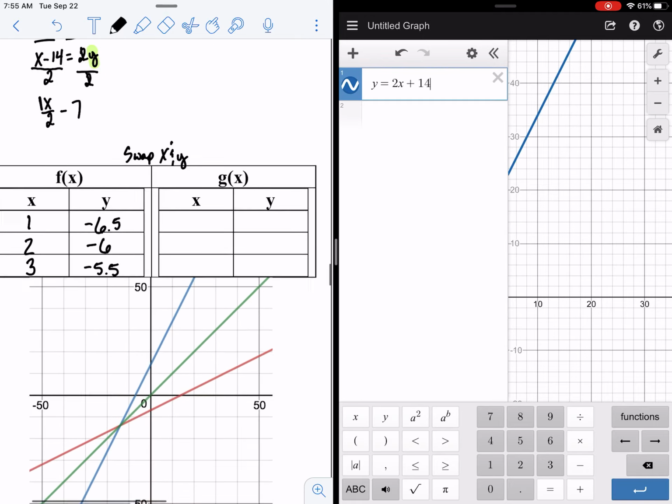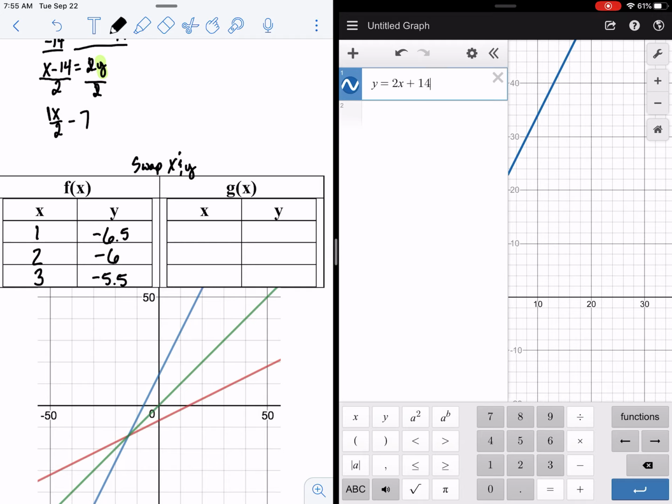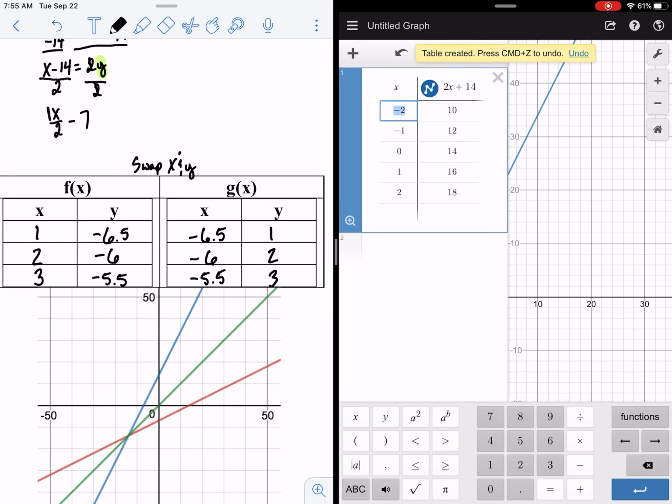Okay, so I should see the points negative 6.5, 1, negative 6, 2, negative 5.5, 3. So I'm going to pull up a table, and I'm going to type these new test points in the bottom and let Desmos evaluate it for me.